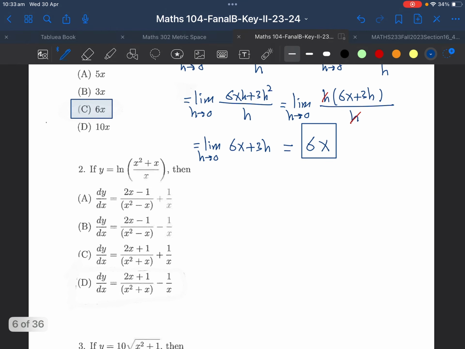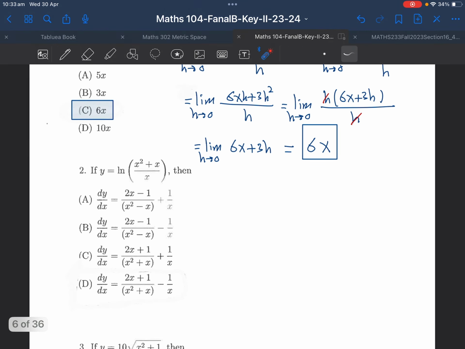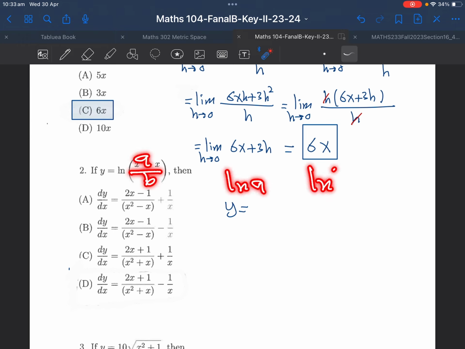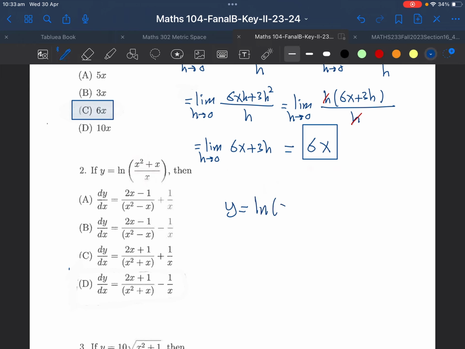That's the first question. Now for the second question, we have to find the derivative, but there is a ln. So the first step, we will do the same as we did before. We need to rewrite this one using the properties of the ln. Remember, if we have the ln of the quotient, it will be ln A minus ln b. So it would be ln of x squared plus x minus ln of x.